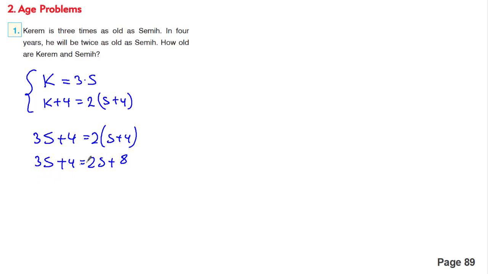Now, subtracting 2S, you get S plus 4 is 8, which means S is 4. So Semi was 4 years old. Substituting here on the first equation, you get K is 3 times 4, which means Karim was 12 years old.